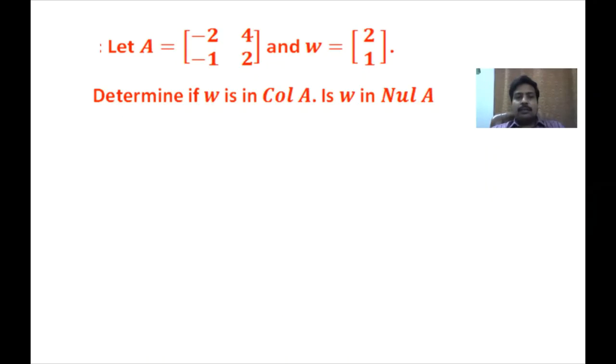Let us explain this using a simple problem. Let A be the matrix with rows -2, 4 and -1, 2, and W is equal to 2, 1. Determine if W is in the column space of A. Is W in the null space of A?